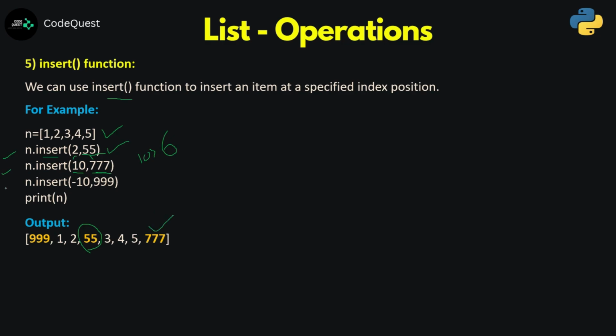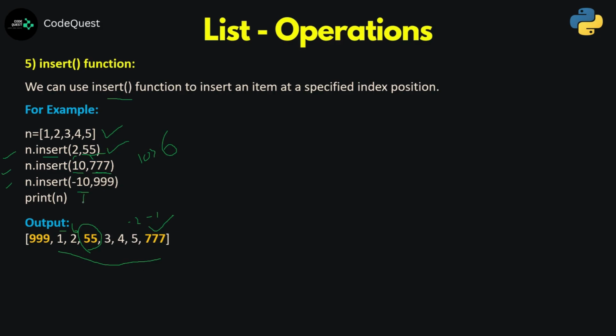Now coming to the next one, where I'm trying to give -10, because we know the list can also use negative indexing. This is the present list as of now. So I can use the negative index. This is -1, this is -2, -3, like that I can come up to this, which is nothing but -6. So if I go by using negative index, I can see from -1 to -6 we have the items.